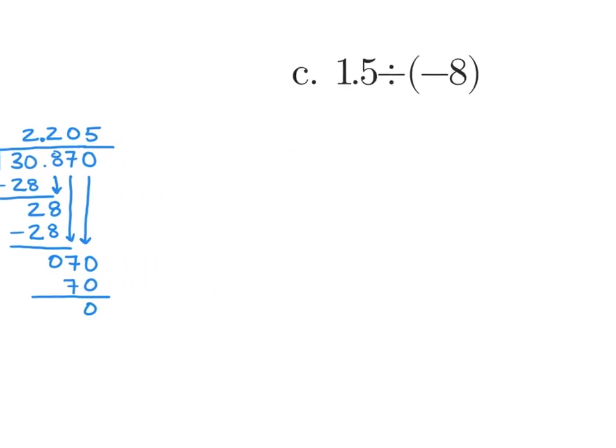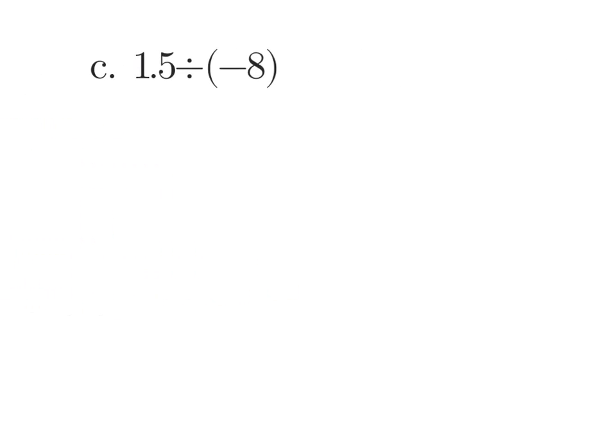All right, last example. We have 1.5 divided by -8. So what digit goes inside the division house? Our inside number is the first one. So inside I have 1.5. Outside, remember, we're going to divide disregarding signs, so I'm going to put an 8 on the outside.